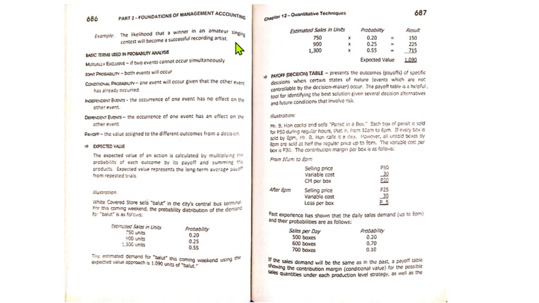So, this is subjective and this will be based on the efforts extended by the winner of the contest. So maraming factors that we have, and this is not only based on experience and logic because there are many subjective factors that will be an element for an amateur singing contest winner to be a successful recording artist. So ganun ang explanation natin with regards to objective and subjective probabilities.